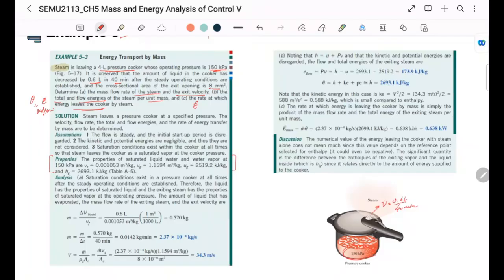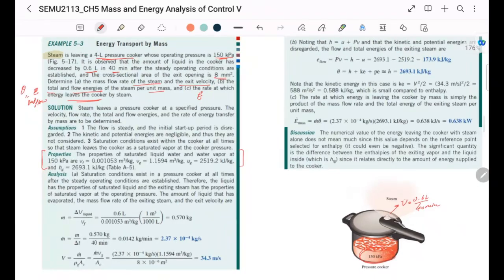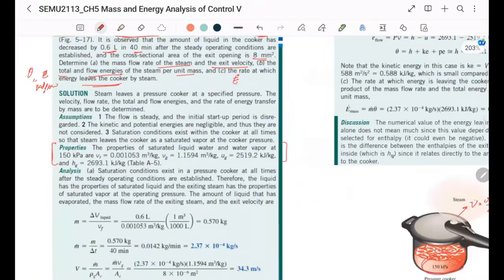At 150 kilopascal, Vf this value, Vg this value, Ug this value, Hg this value. G is the gas, F is the fluid: saturated liquid, saturated vapor, saturated vapor, saturated vapor.